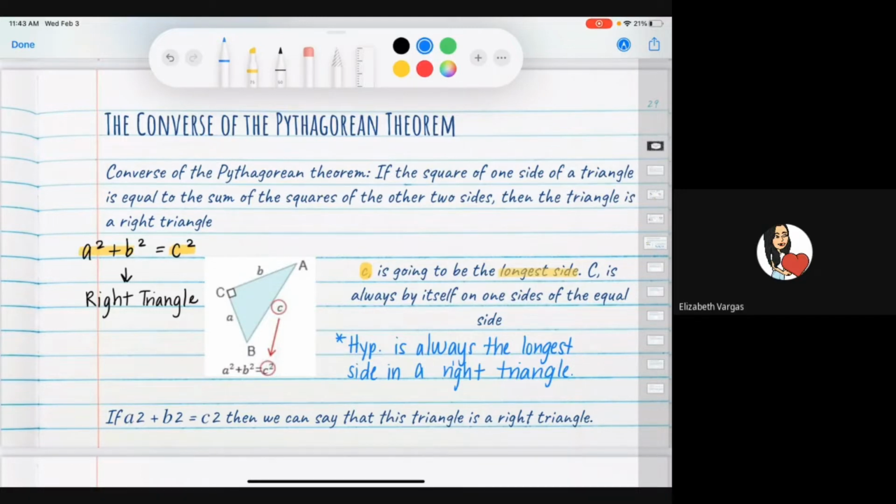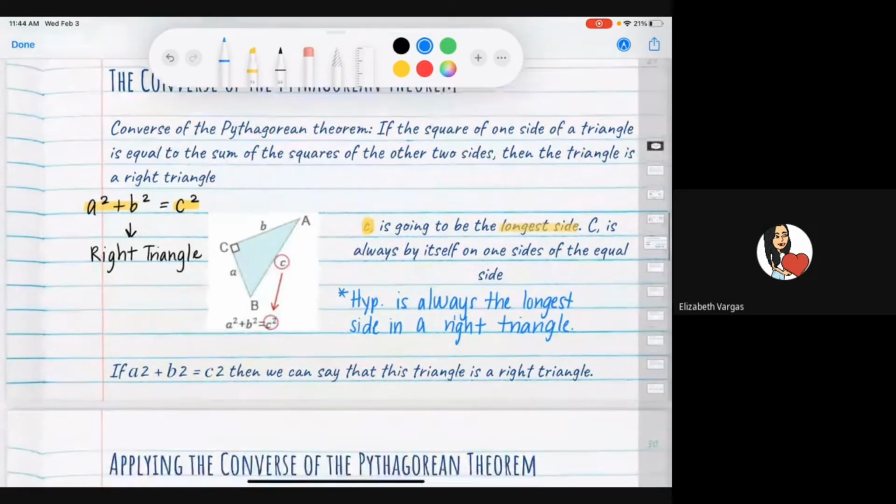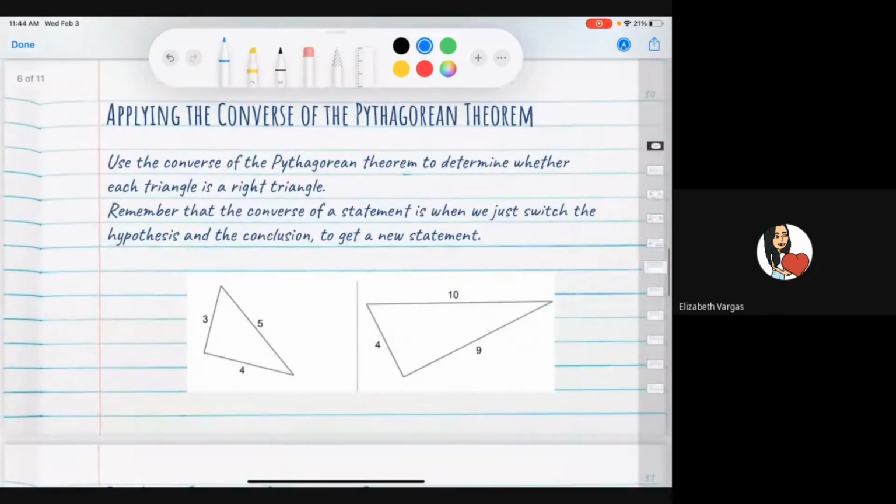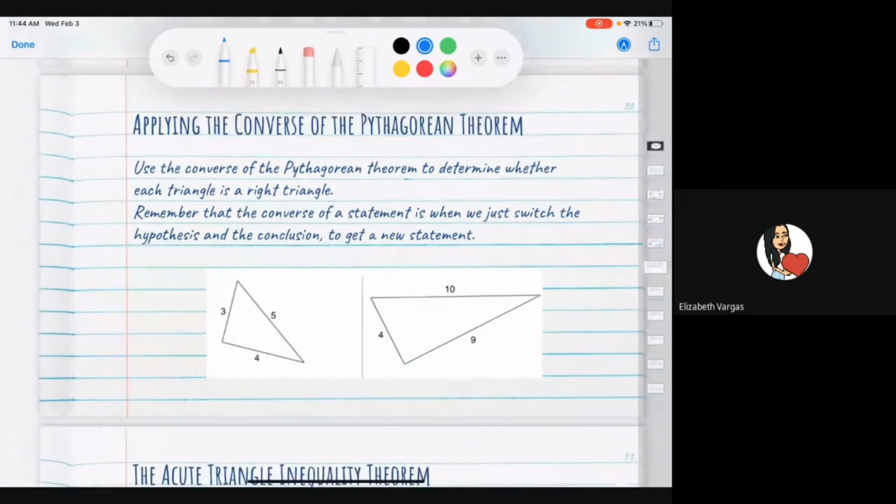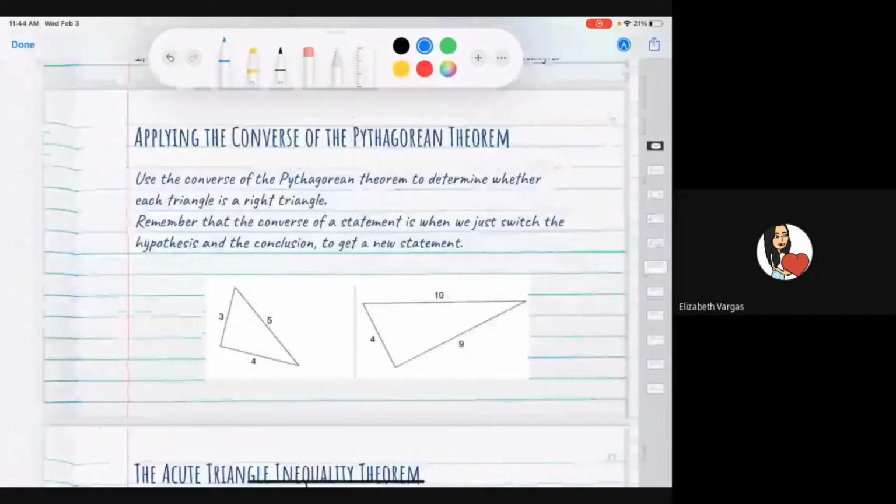Okay. Now what we're going to do is go ahead and look at how we can fix or alter the Pythagorean theorem for other types of triangles. But before we do that, let's go ahead and check for understanding just to make sure we know how to use the Pythagorean theorem.